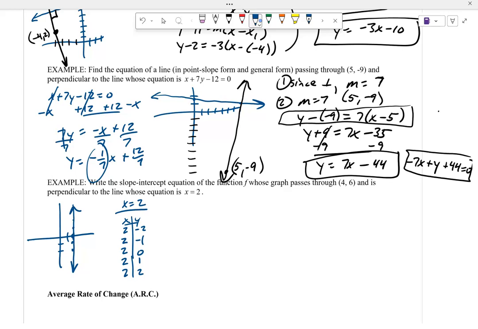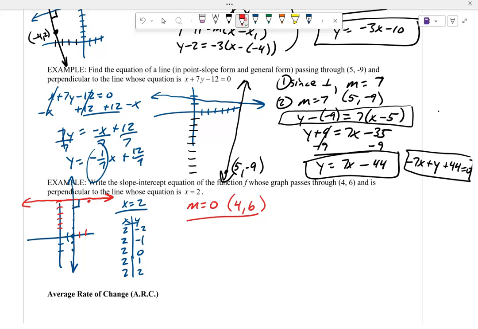A vertical line has a slope that's undefined. But a line that goes through (4, 6) and is perpendicular to it, I should have drawn my blue one a little further up so you can see that these are perpendicular. The red line would be perfectly horizontal, so it would have a slope of 0, and it would go through that (4, 6).